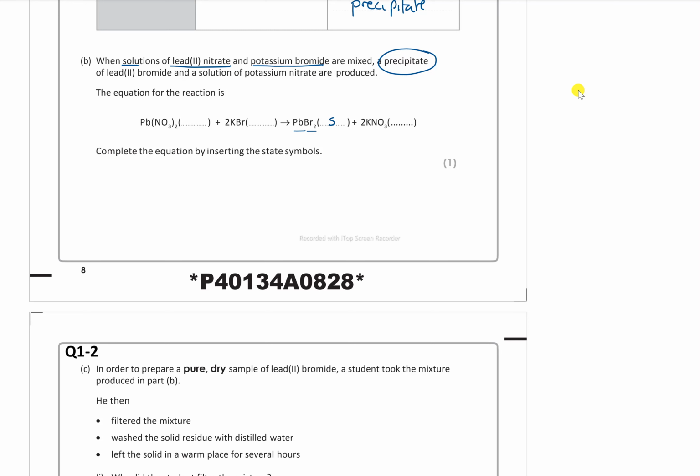When solutions, that's going to be aqueous and aqueous because it involves water. They're going to be aqueous solutions. So I suppose that's how you can pick it out. The clue is in the question.